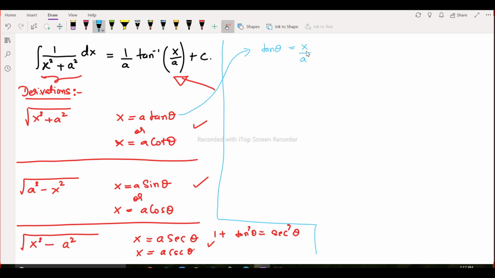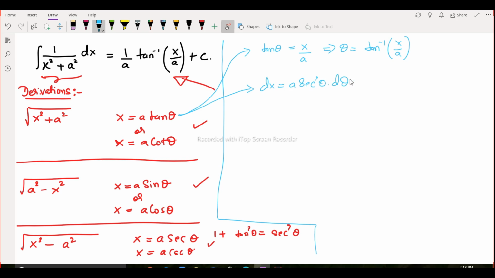Now I can say theta is tan inverse x by a, right? Once we substitute, we take the derivative on both sides, so I'll have dx is equal to a sec square theta d theta, right?